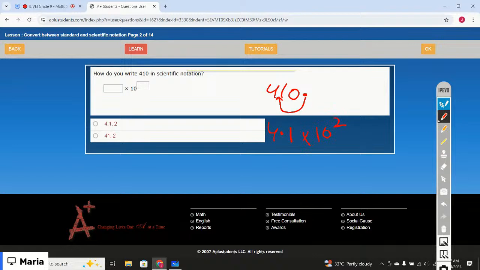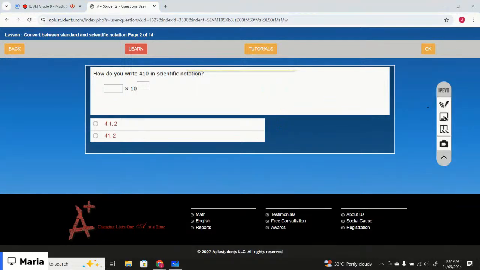So the correct option is option number 1, that is 4.1 times 10 exponent 2.